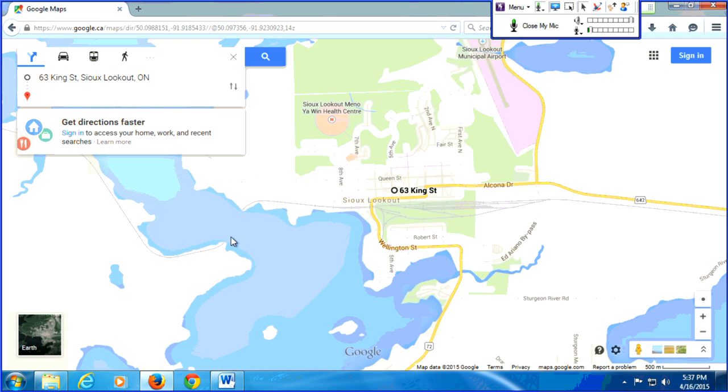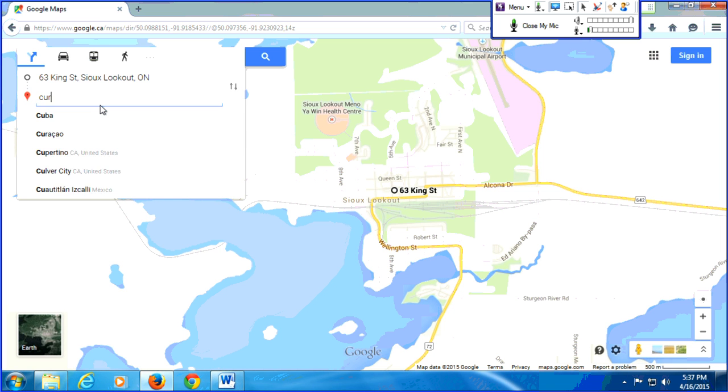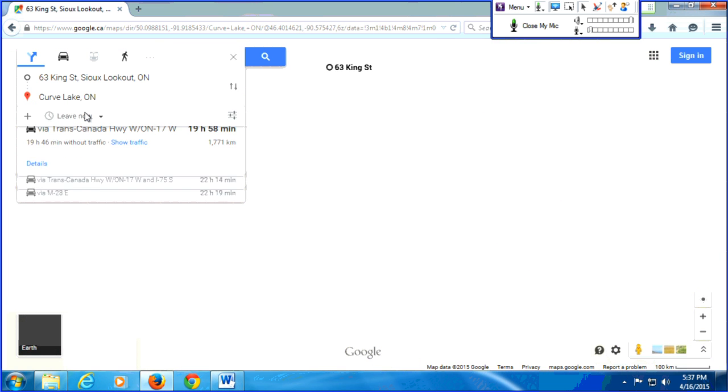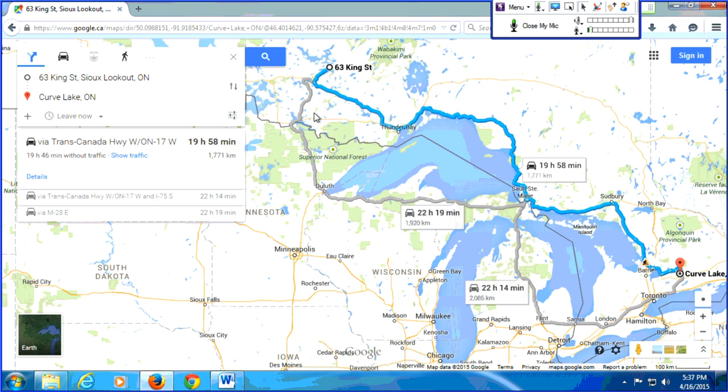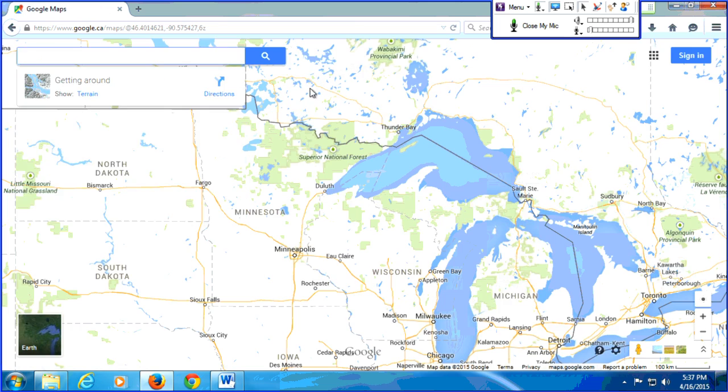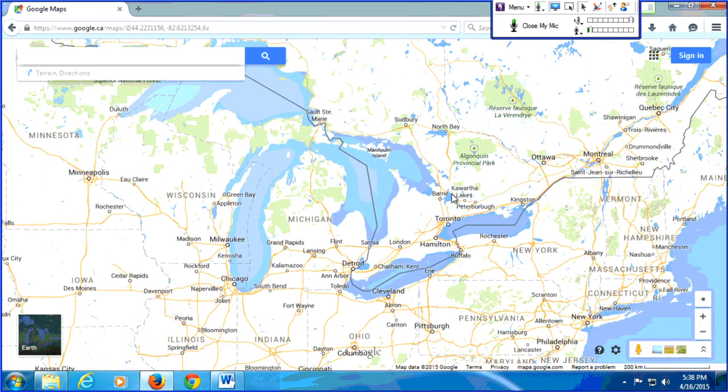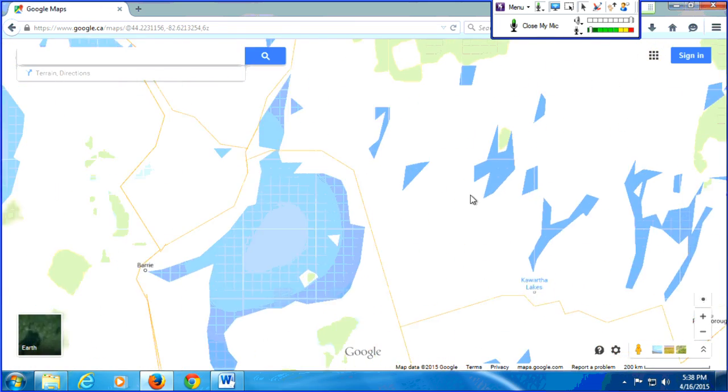So we're going to look for Curve Lake, Ontario. We're looking way down here.